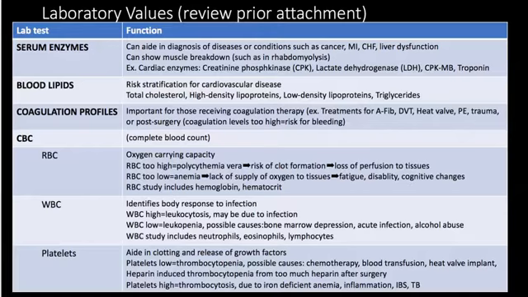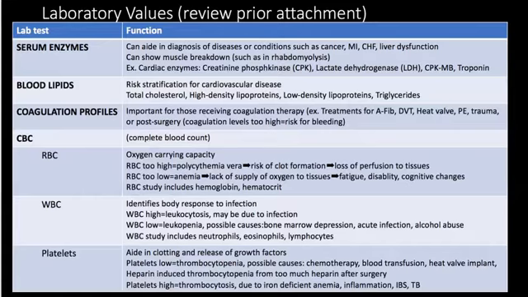When the RBCs are low, you could have anemia, so you can get a lack of oxygen to the tissues, which can result in fatigue and disability, cognitive changes, functional loss. Some of the typical things with RBC that are also looked at, as I mentioned, are the hemoglobin and the hematocrit levels. White blood cells are looking at the body's response to infection.